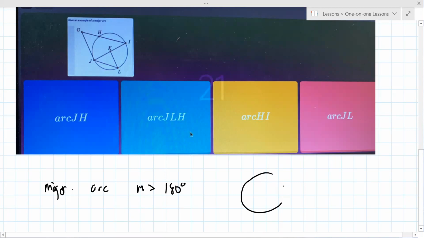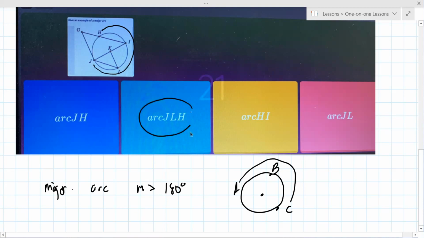So you got your circle, got a center. So like A, B, and C, that's a major arc there because it goes more than 180 degrees. And usually it's 3 letters, so that's usually an indicator here as well. So let's look at J to L to H. Do you see that goes around this much of the circle? It's more than halfway around.